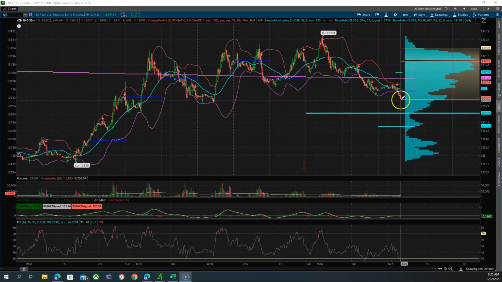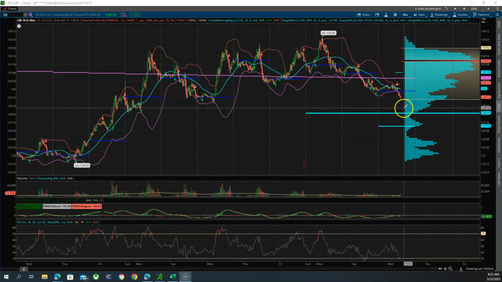So we want to watch this 129.06 and definitely the 128.06 on the bonds as the place that could represent that turnaround, or give us a heads up on a shift in the broader market.